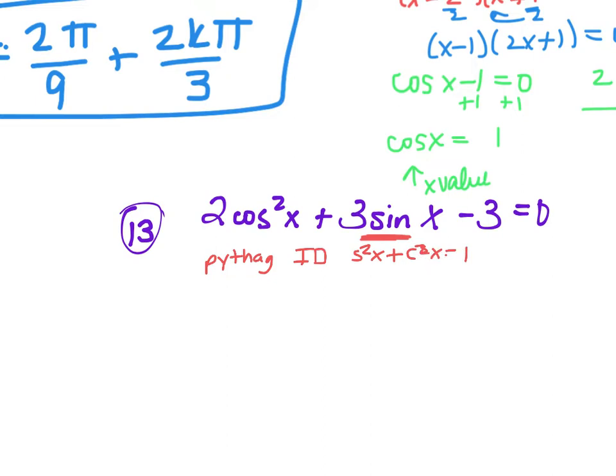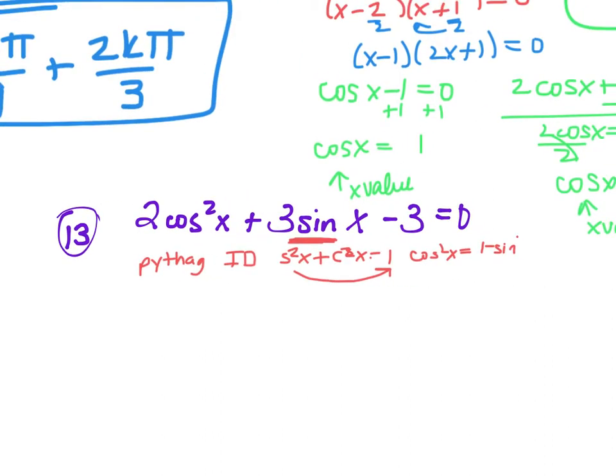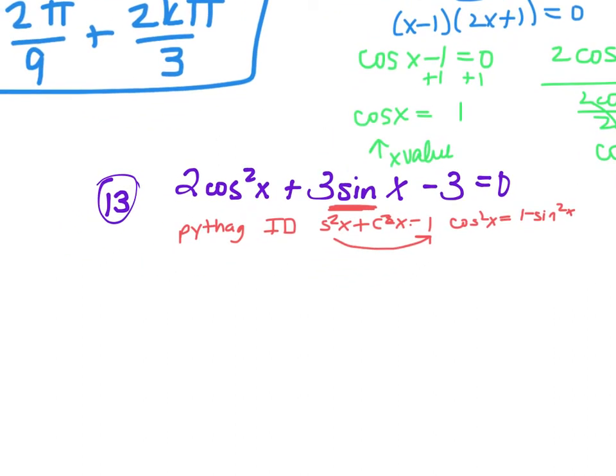If I want it to say cosine equals, so if I move this over here, I can replace cosine squared x with 1 minus sine squared x. And then my trig functions would all be the same. So it's 2 times 1 minus sine squared x, right? Cosine squared is the same as 1 minus sine squared.